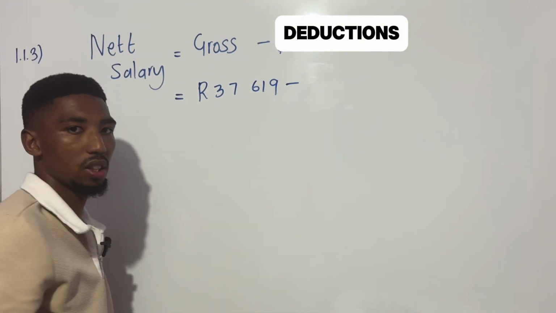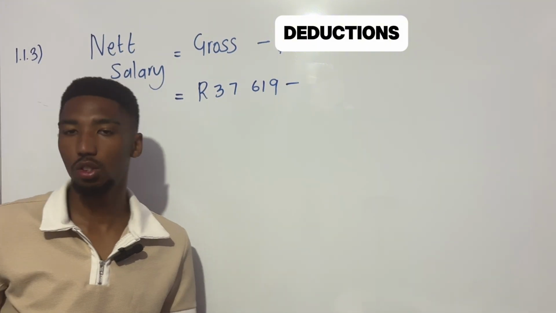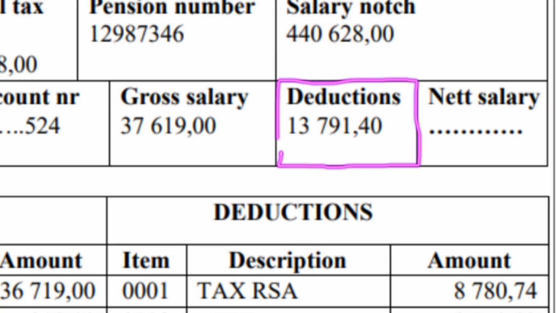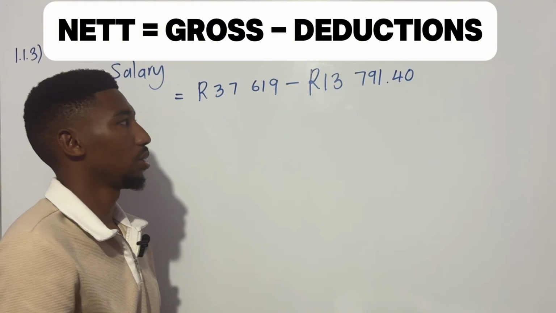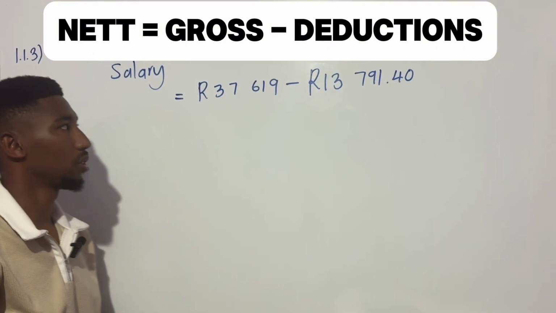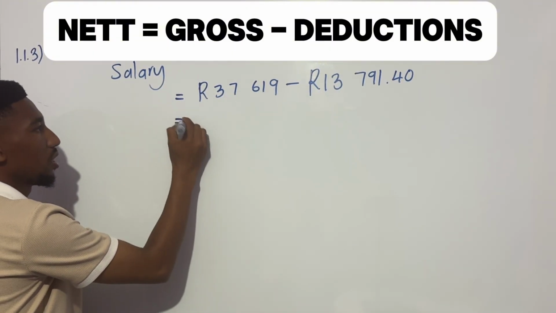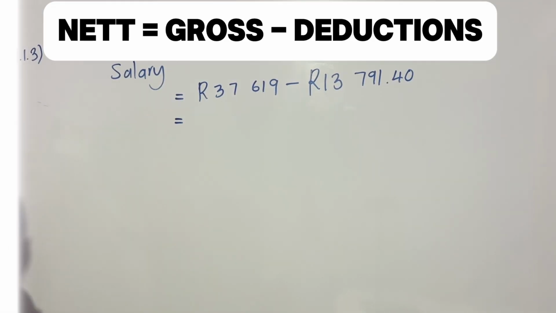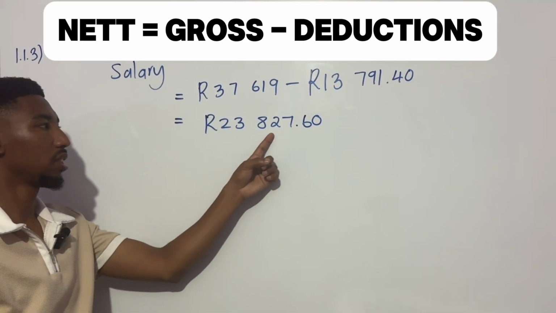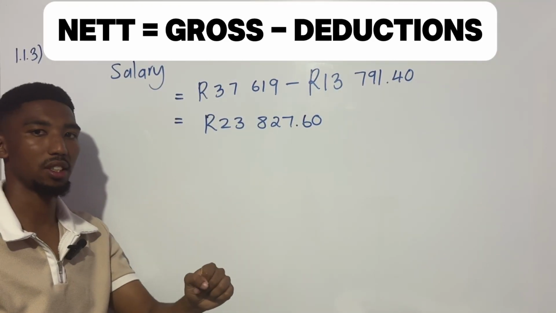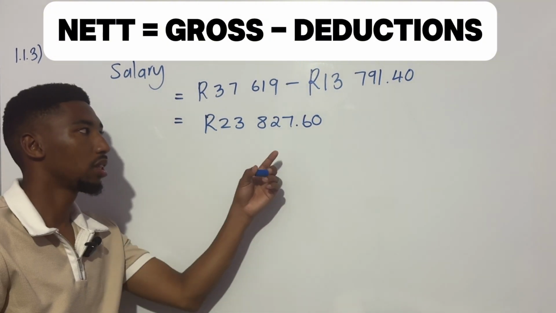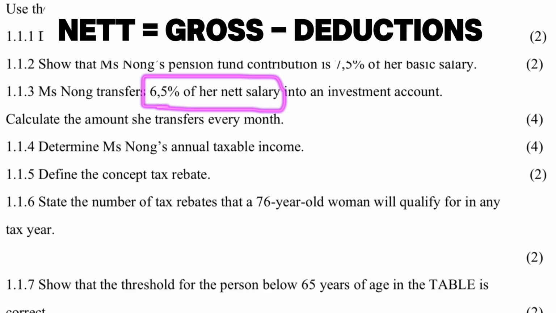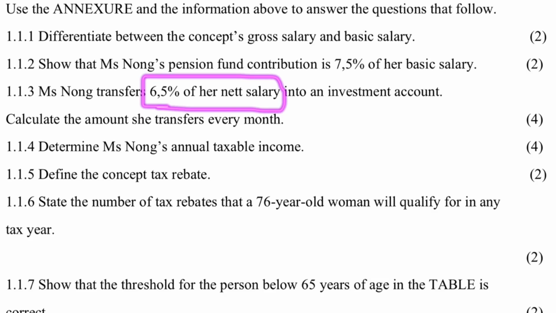Fortunately for us, we have the deductions column there. We don't need to add all of that ourselves. It has been given to us, which is 13,791 rand and 40 cents. Then we have our net salary, which is equal to 23,827.60.